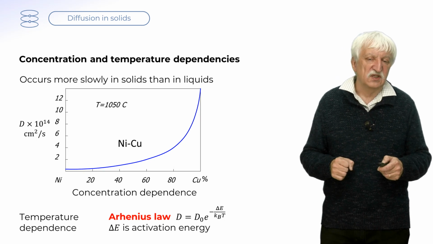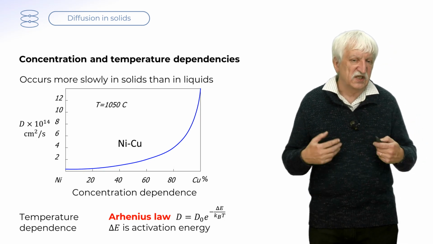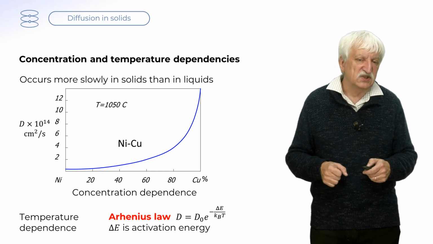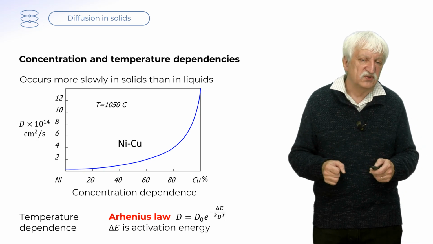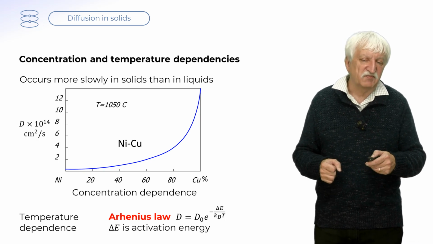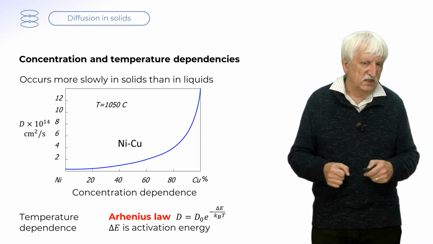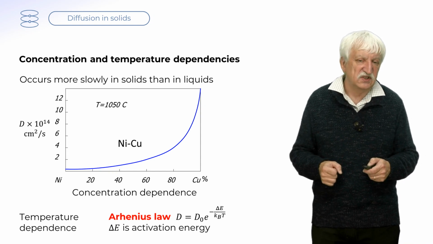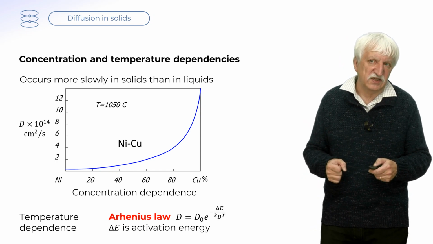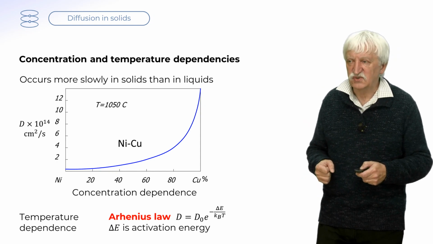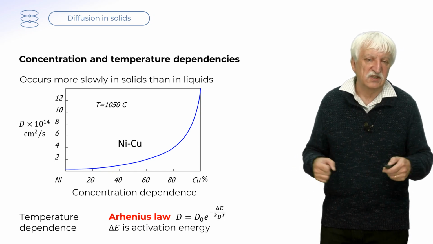Here delta E is a certain activation energy, and T is the temperature, and for small T, this exponential factor is very small as well. And only for high enough T can this exponential factor be not so small, just about 1, for T about delta E.